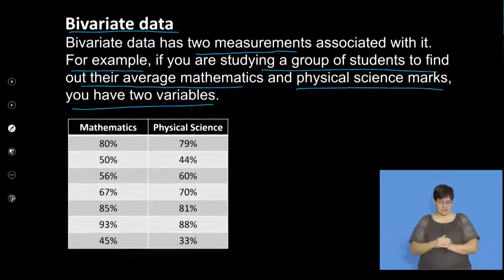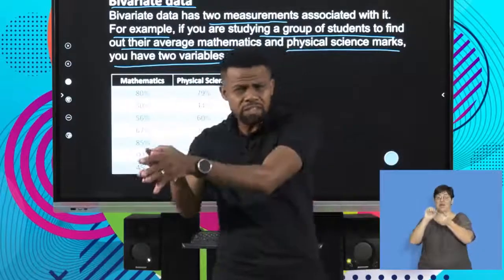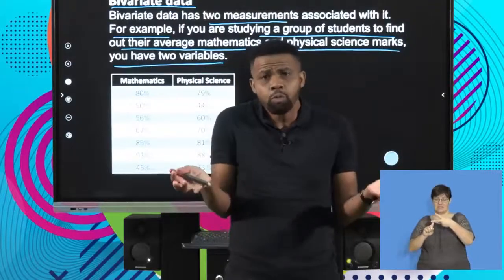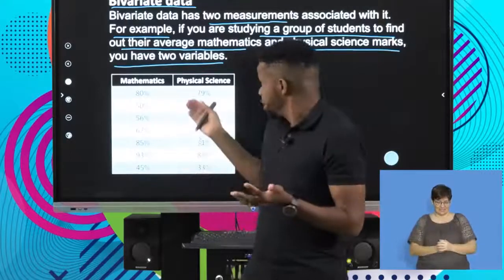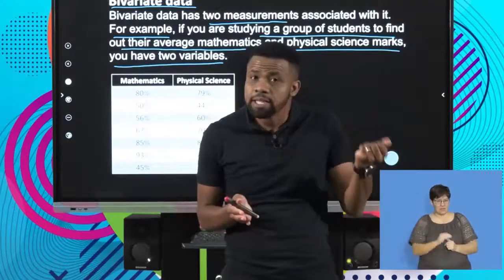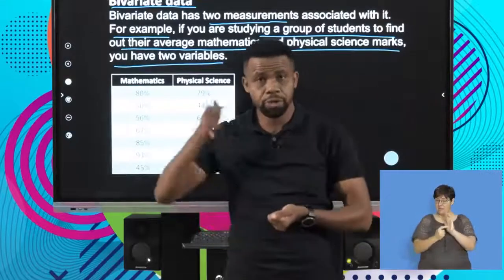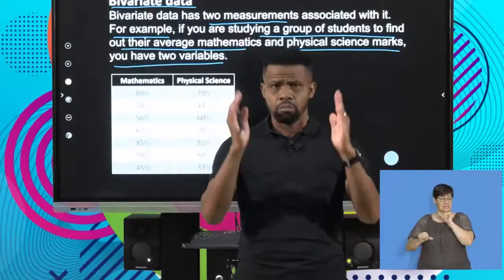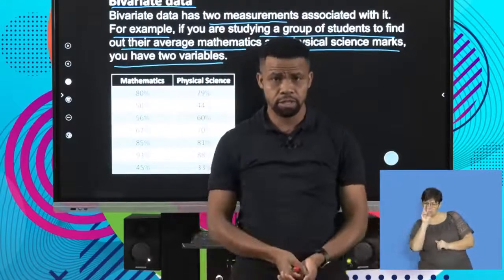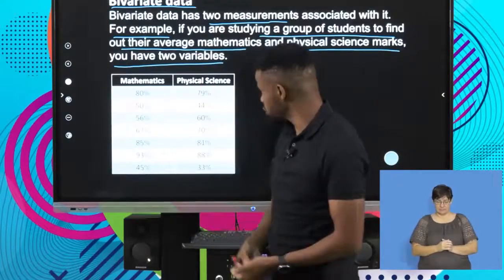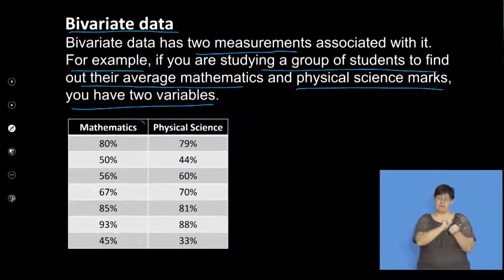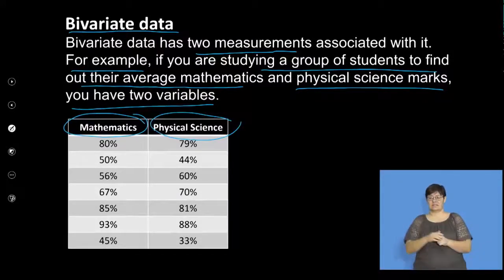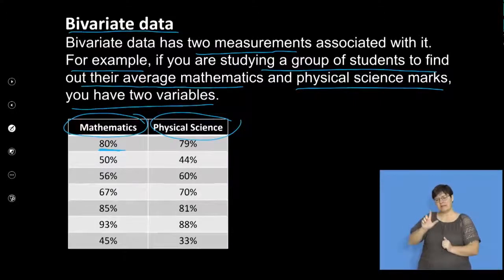What do we have here? We have students' mathematics marks and physical science marks. And we might be interested in, does a high maths mark mean a good physical science mark? So we want to plot the two points and see what is happening. So this is maths and this is physical science. A student who gets approximately 80% in maths gets 79% in science. Okay?